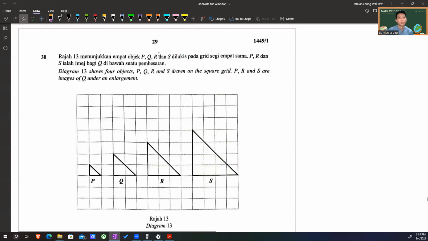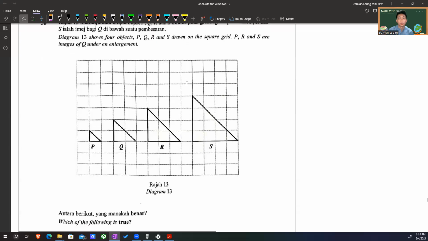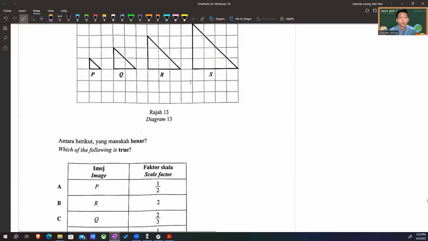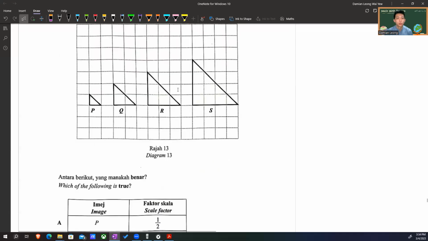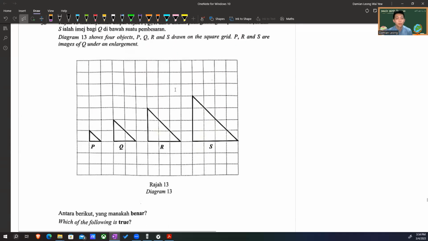Okay. Question 38. Diagram 13, 4 objects P, Q, R, S, shown on square grids. Images of Q under an enlargement, which is true. Okay, so we compare with Q basically. P is half the size, so scale factor will be half.